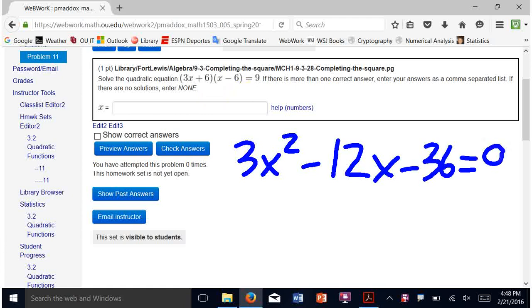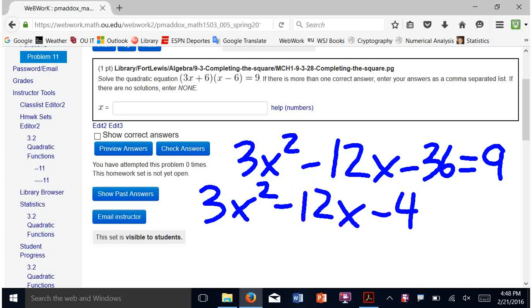That equals 9. Then you want to subtract 9 to get 3x squared minus 12x minus 45 equals 0. So whether we decide to factor this, if in fact it is easily factorable, or use the quadratic formula, we want to make sure that one side of our equation equals 0.